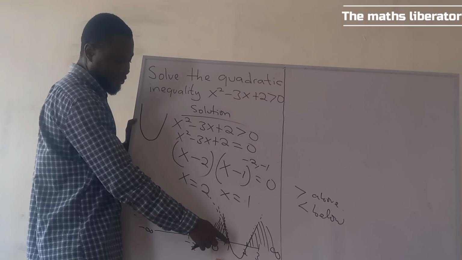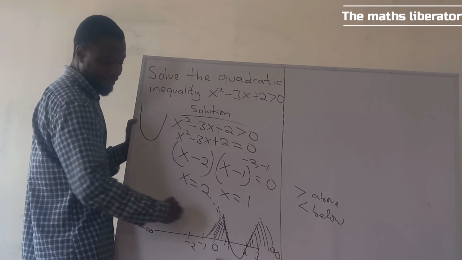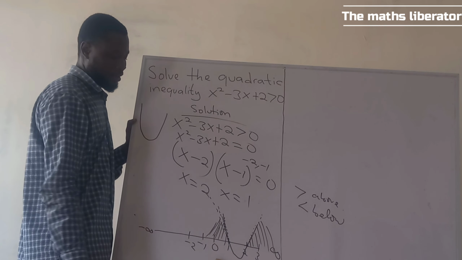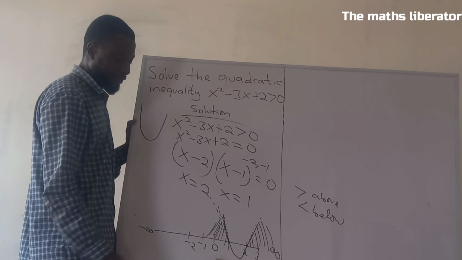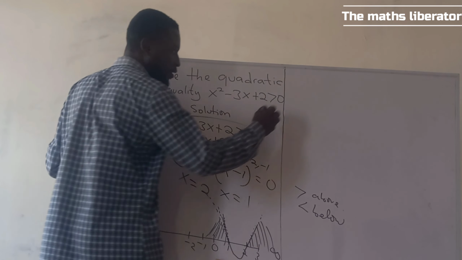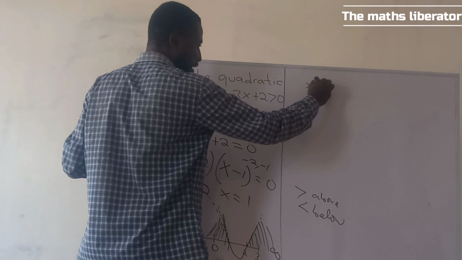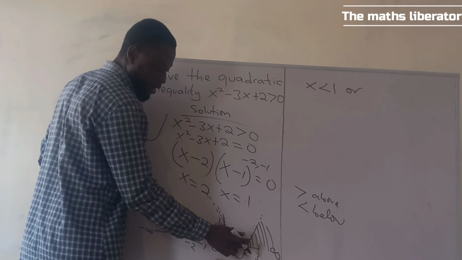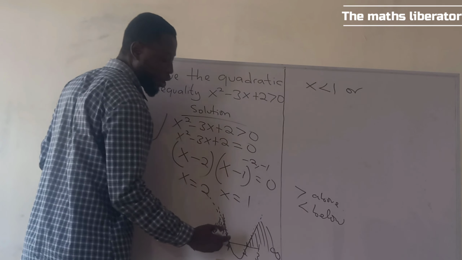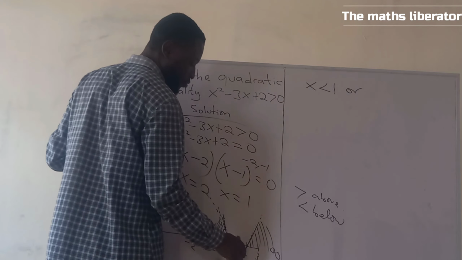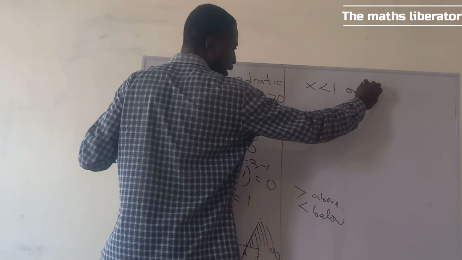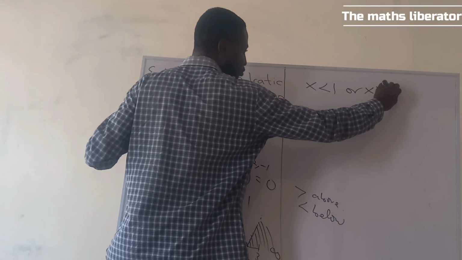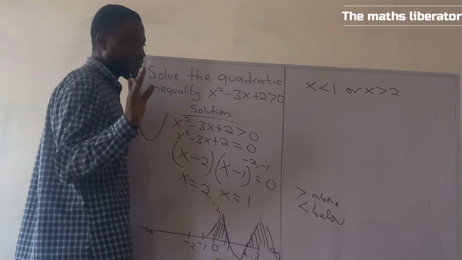So looking at this, you can see that the numbers here are all less than 1. So x is less than 1. Or looking at this one too, the numbers here are all greater than 2. So x is greater than 2. That's it.